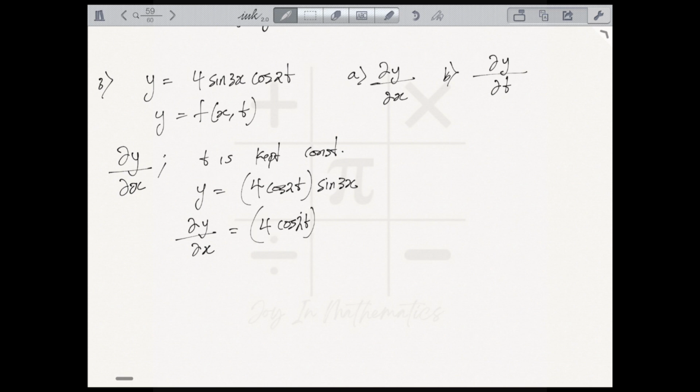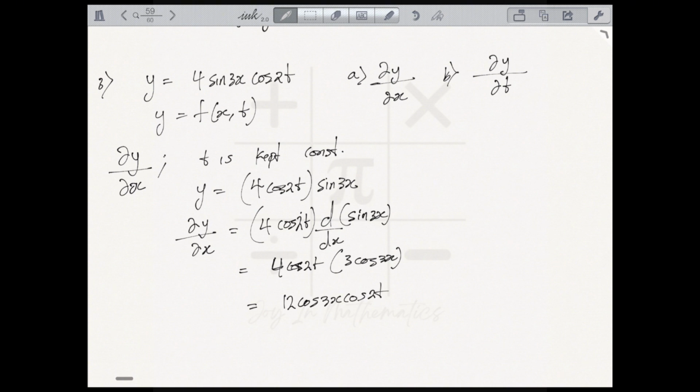However, sine 3x is differentiated with respect to x. So this will be 4 cos 2t, and when we differentiate sine 3x, we have 3 cos 3x. And finally, we have 12 cos 3x cos 2t.